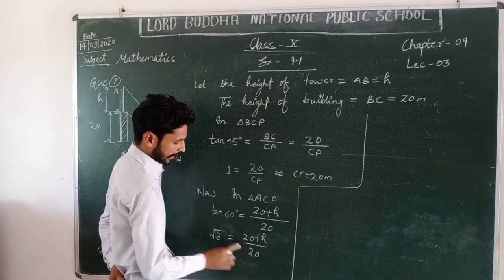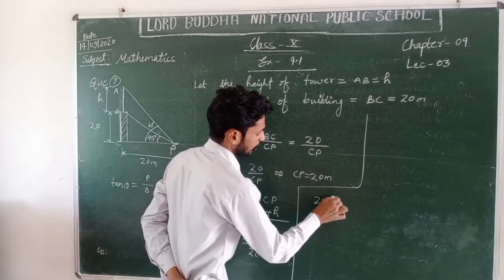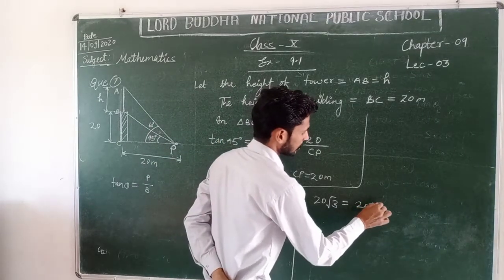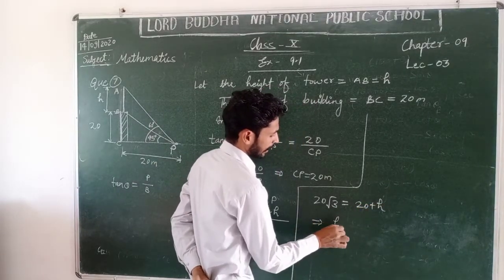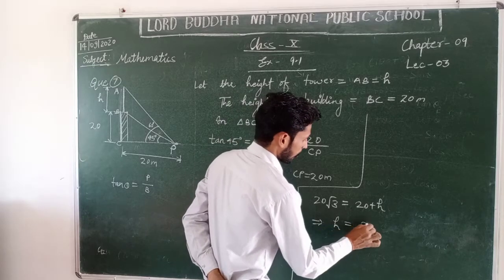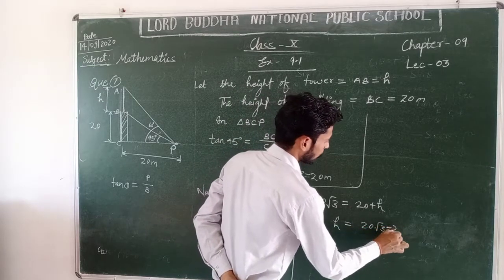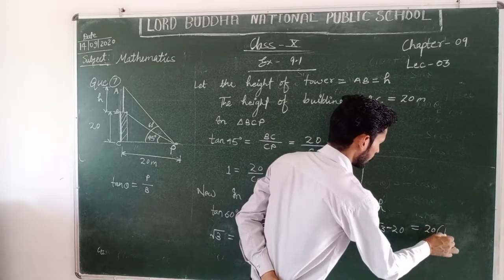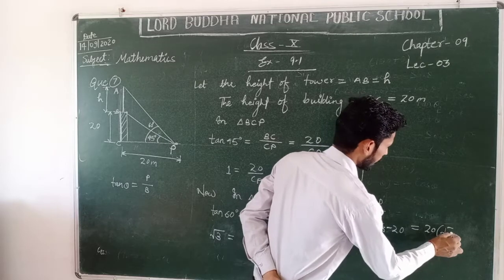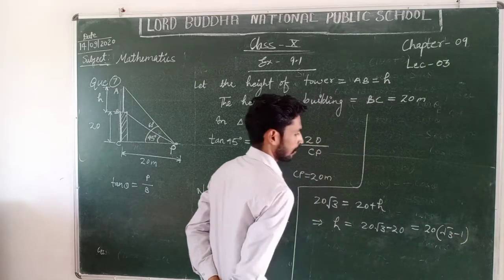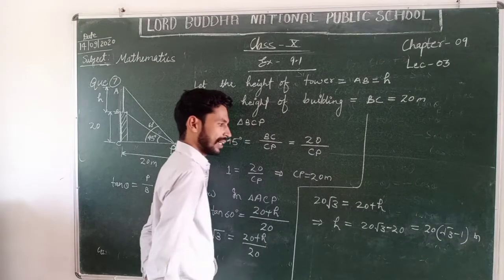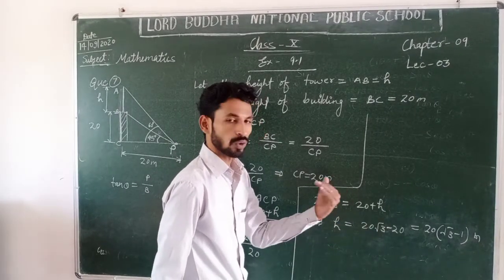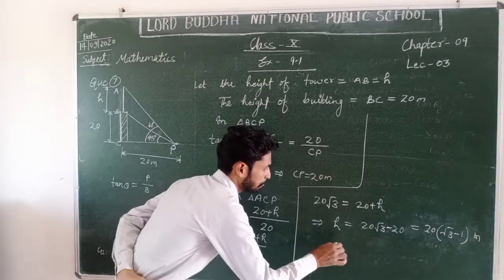So from here we can take this side. There will be 20 into root 3 equals 20 plus h. So we can say the value of h equals 20 root 3 minus 20. If we take 20 common, this will be 20 in bracket root 3 minus 1 meters. That is the answer. But you can write this answer in decimal form.